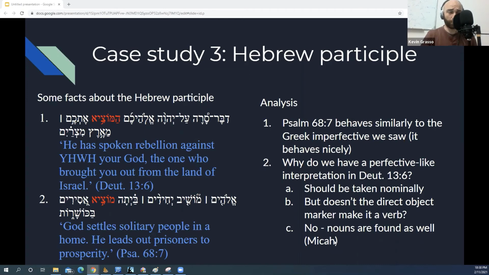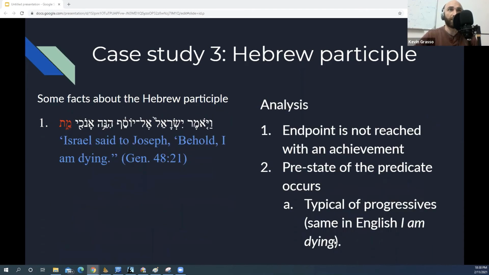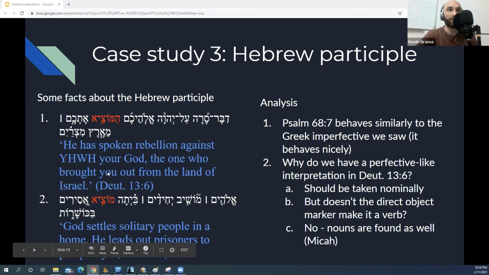What we need to consider, especially when dealing with participles, is the syntactic environment. So what's different between these two predicates, 1 and 2? The definite article: it is found in 1, not in 2. Participles in Hebrew can behave in different ways.